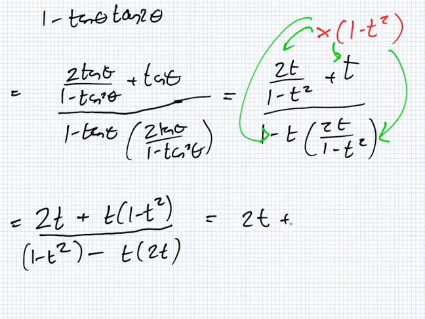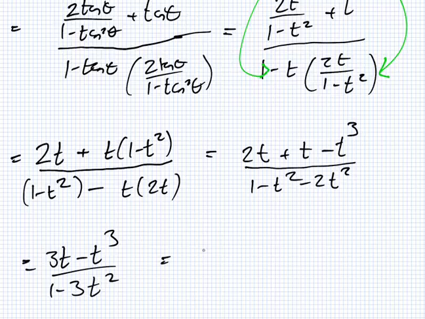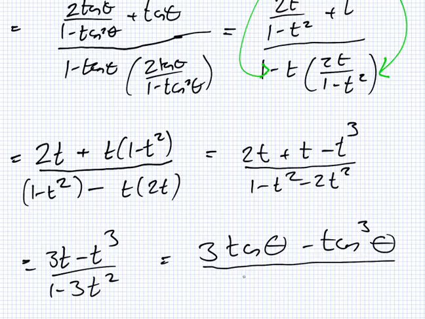Which equals 2t plus t minus t cubed all over 1 minus t squared minus 2t squared. Which equals 3t minus t cubed all over 1 minus 3t squared, which equals 3 tan theta minus tan cubed theta all over 1 minus 3 tan squared theta. QED. Proof is over.